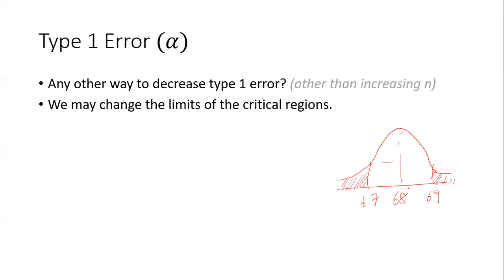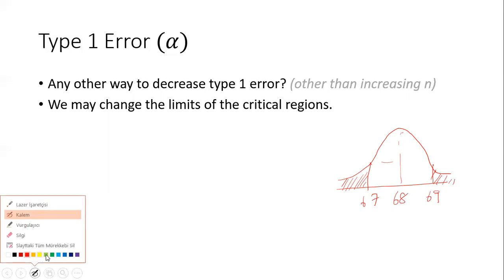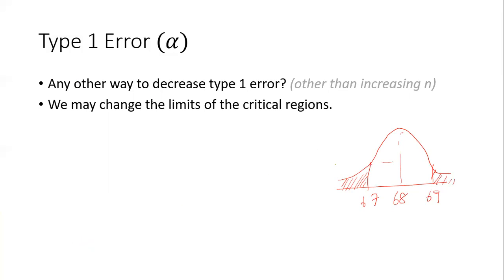Okay, so in order to reduce the type 1 error, what you can do is just move your critical region, for example, to here. Let's say this is 63. No, not 63, but 5. Let's say this is 73. Okay, and this is the region. So the sum of this region is much smaller. Just move your rejection region to here and here.